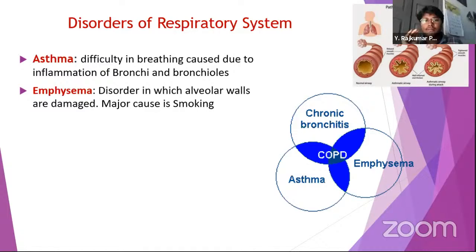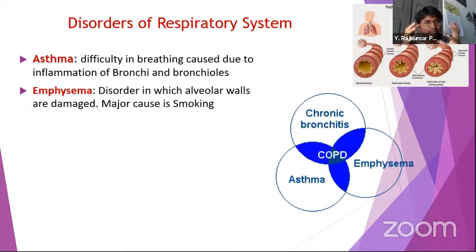Because of smoking, because of the harmful gases, the alveoli will be surrounded by a layer of tar, a layer of chemicals which makes the alveolar walls damaged. When the alveolar walls are damaged, the walls contain blood vessels also.